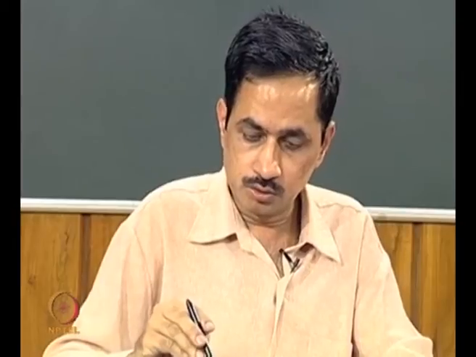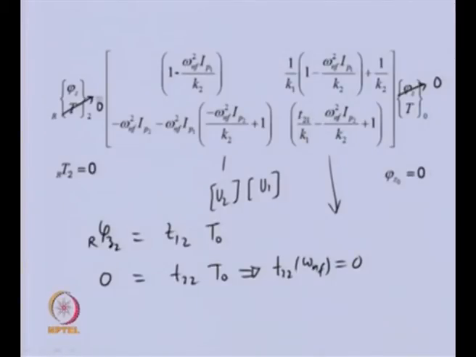The expanded form of this T22, because that contains T21 also, is this one, and if we equate this to 0, we get a polynomial. This is basically a quadratic polynomial in terms of omega n squared. This can be solved to get the two natural frequencies of the system.